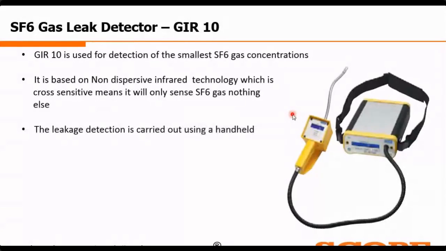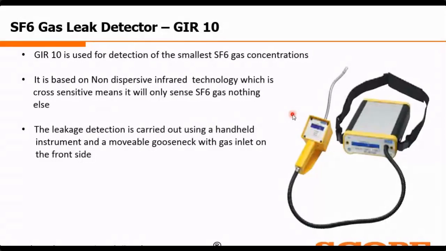The leakage detection is carried out using a handheld instrument and a movable gooseneck with the gas inlet on the front side. This is the handheld instrument, and this is the gas inlet.